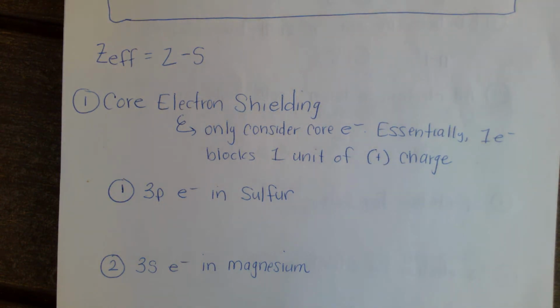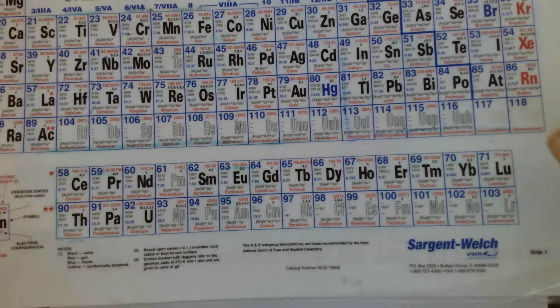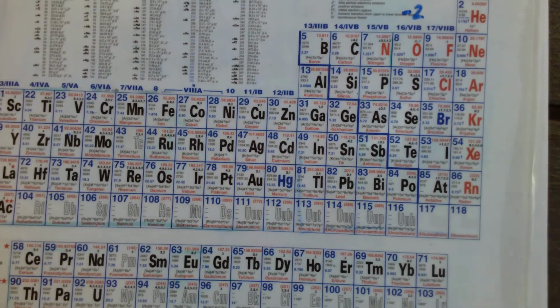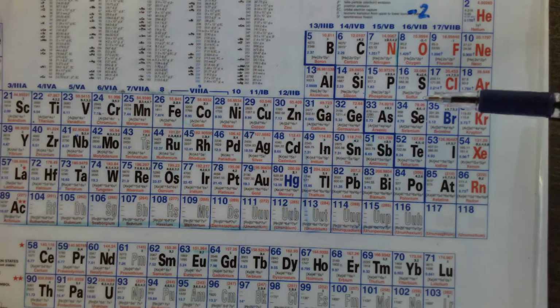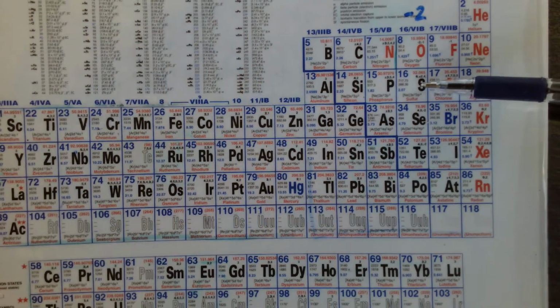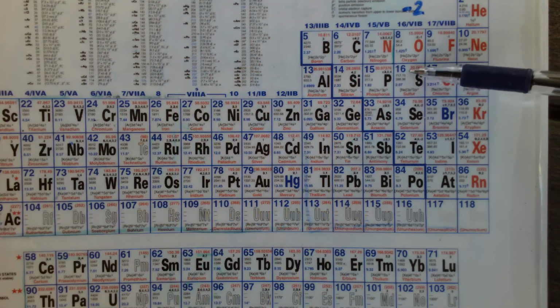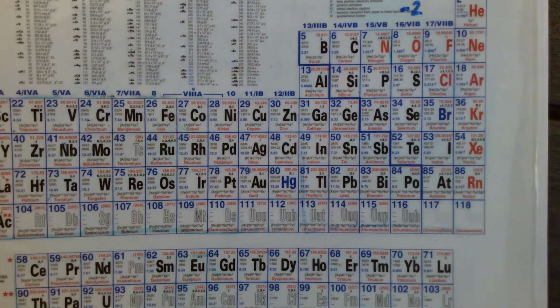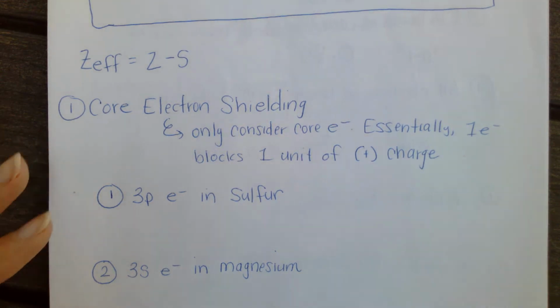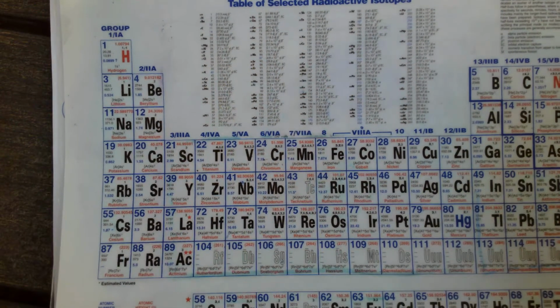Alrighty. Grab our periodic table here. In order to figure this out, we need to know how many electrons are going to shield, so we need a configuration. We are going to write out the electron configuration for sulfur. We use our periodic table.